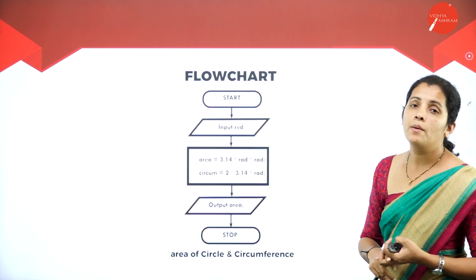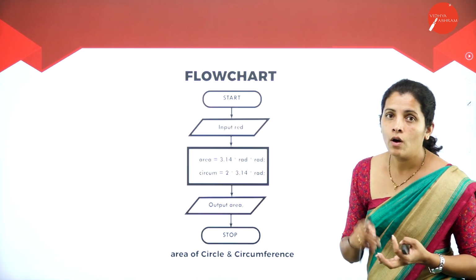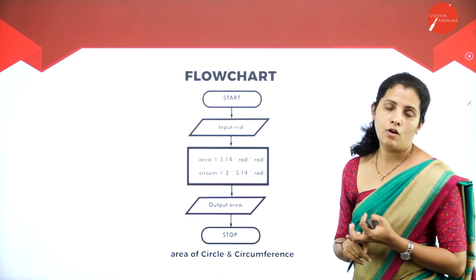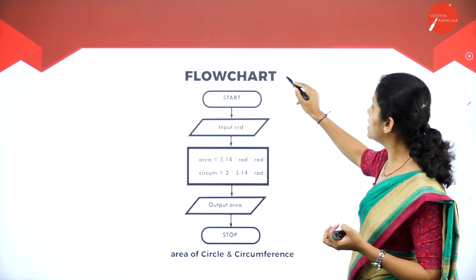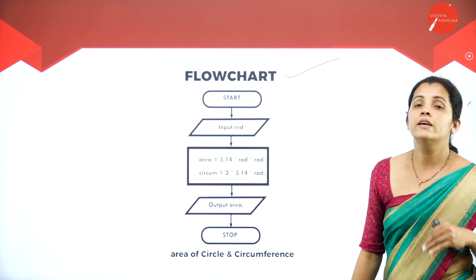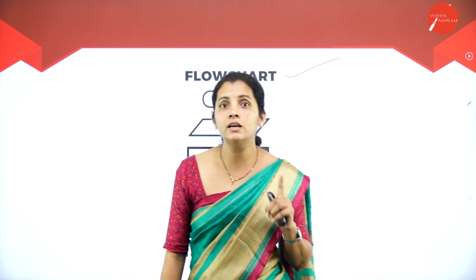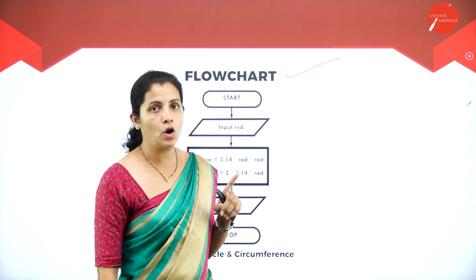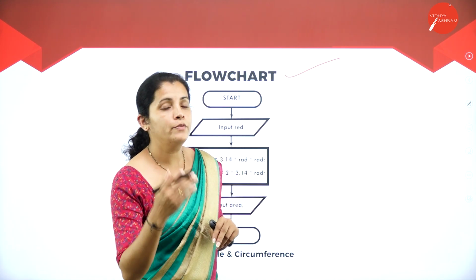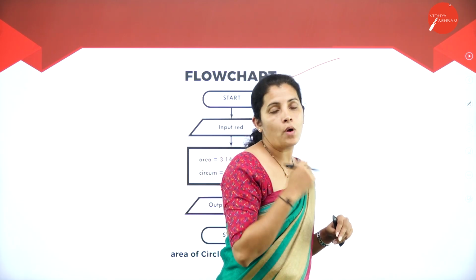Moving further, I'm going to construct the flowchart for this algorithm. So this is the flowchart. So what is a flowchart here? A flowchart is nothing but the pictorial or graphical representation of an algorithm. In our algorithm, we got all the solution. Now what am I going to do?